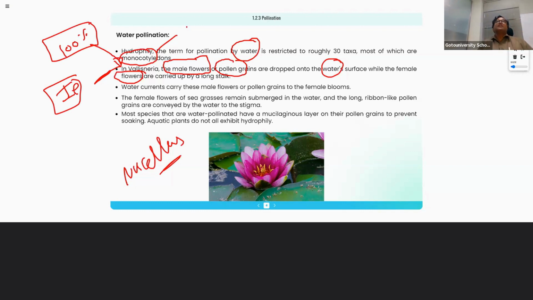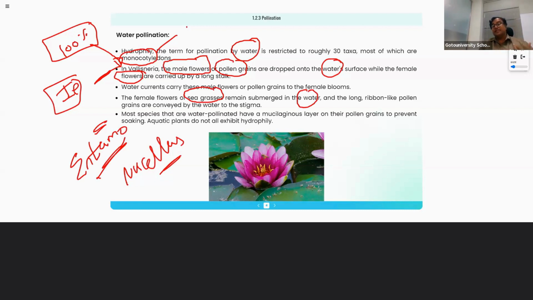What do you mean by entomophily? Insect pollination, right? Entomo denotes insect pollination. Now, if you're talking about the female flowers of the sea grasses, they are submerged in the water. Sea grass is also called Zostera.